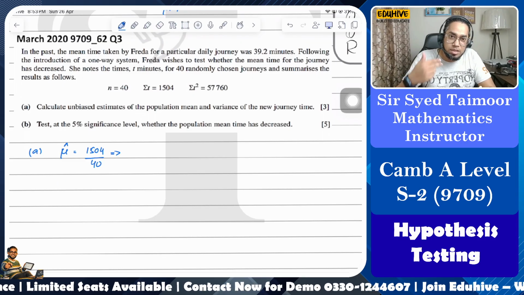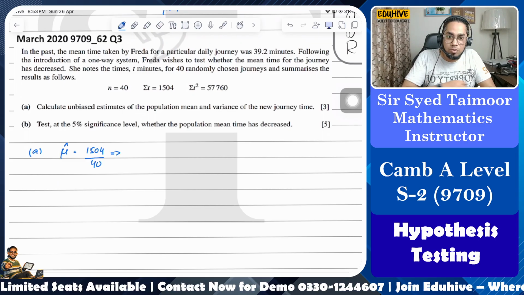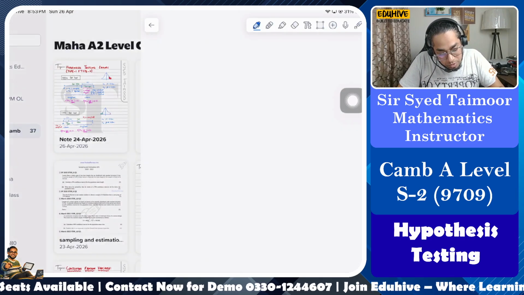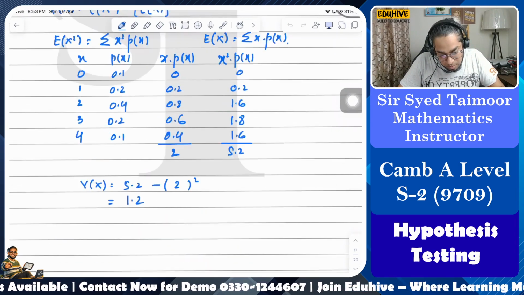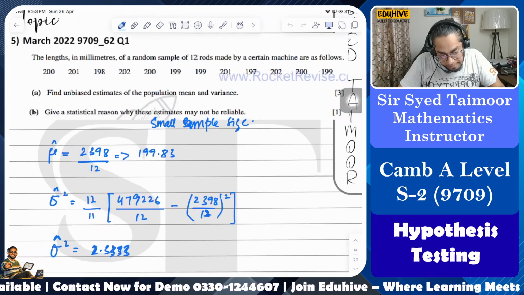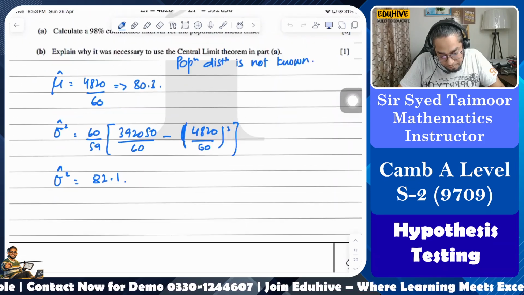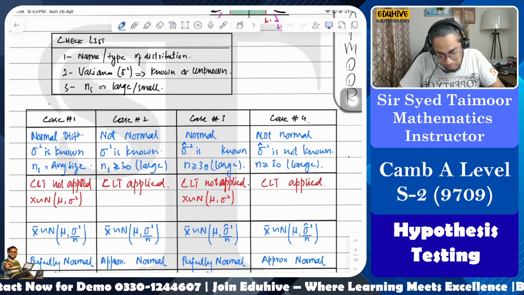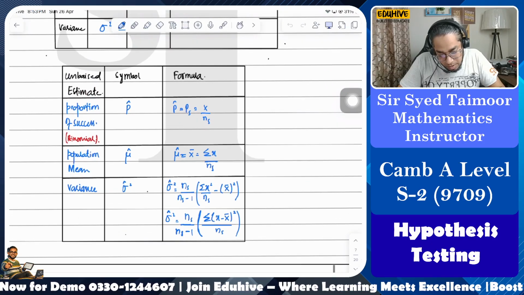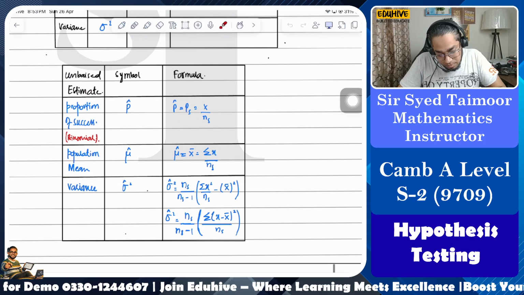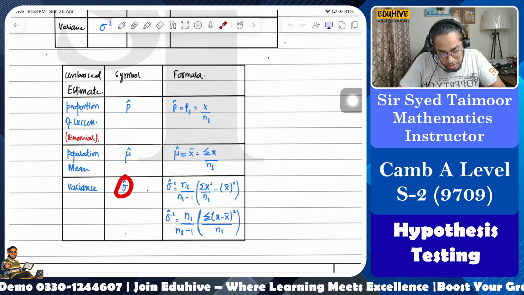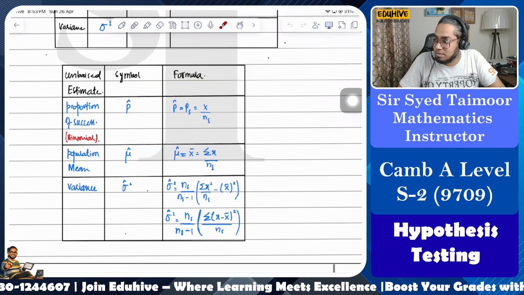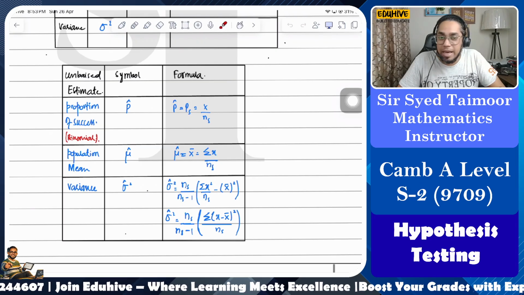So you can just take out the notes, no? I have told you, wrote over there. Yes, beta, let me show you. We wrote it over here. Unbiased estimates, this mu cap and the variance cap. X bar is a sample mean.